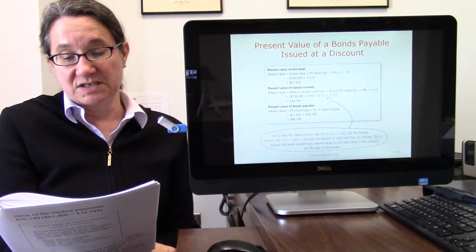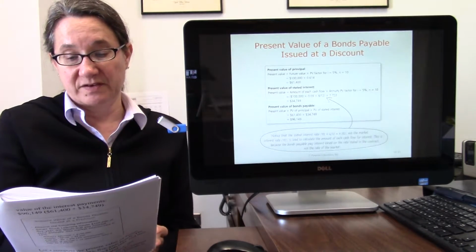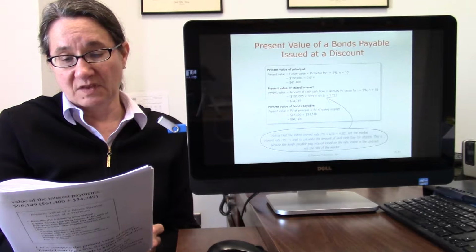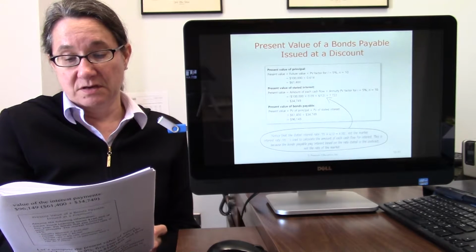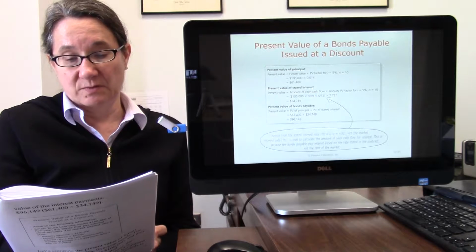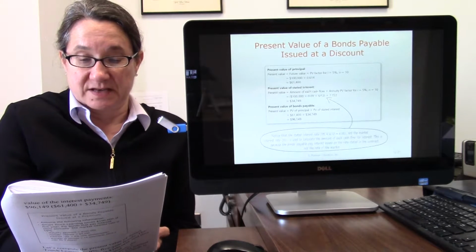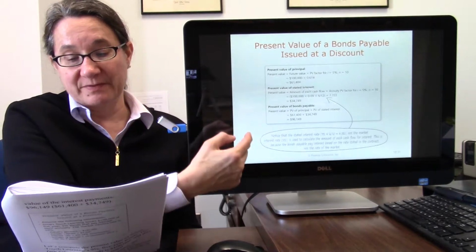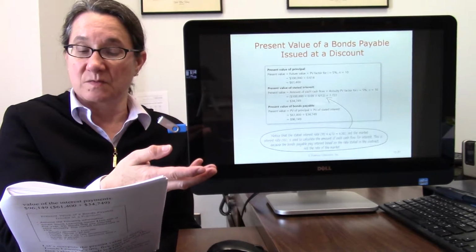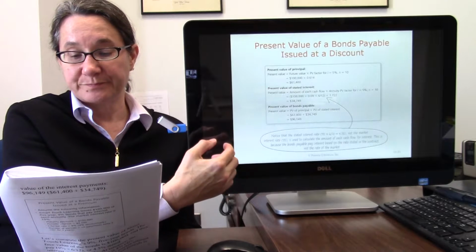So if somebody says to you they're going to give you that $100,000 5 years in the future, 10 periods, well, then you'd be willing to pay $61,400 for it. But on top of that, you're going to get interest every 6 months. So that's worth something.